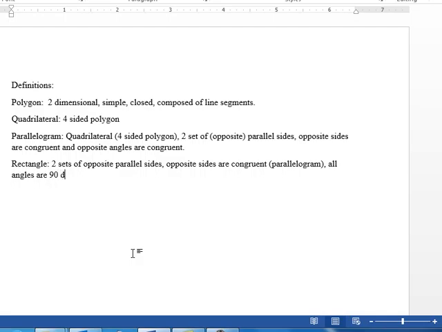Do you have to put in the definition about the lines of symmetry? No, that is not part of the definition of a rectangle. Now, it would be important if you were asked to find the area of a rectangle and I gave you a diagonal, because what I've just given you is a triangle.